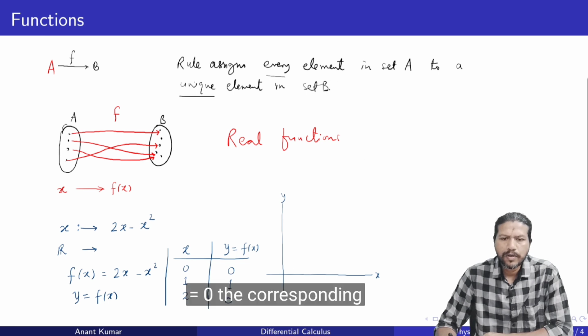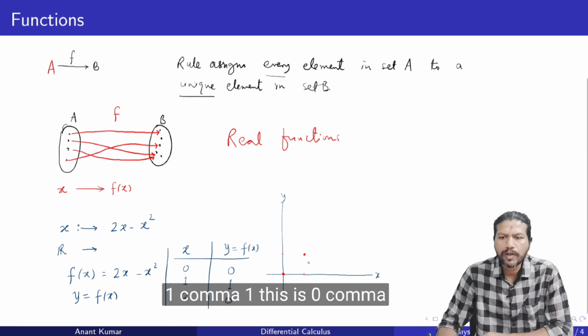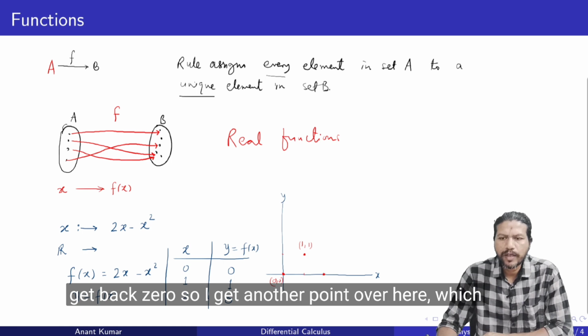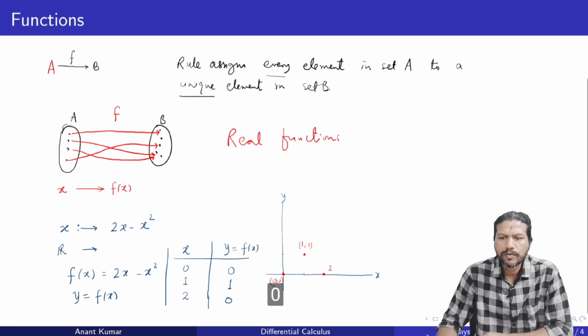For x equal to 0, the corresponding point is 0. For x equal to 1, I get 1 as well as the y value. We get a point (1, 1). This is (0, 0), and that is (1, 1). But then if you put x equal to 2 in this case, I'm going to get back 0. So I get another point over here, which is (2, 0).